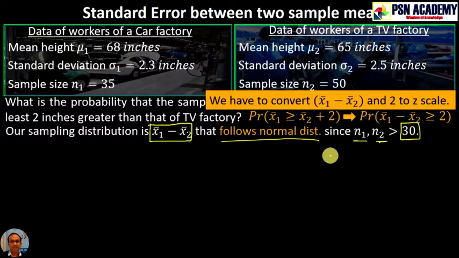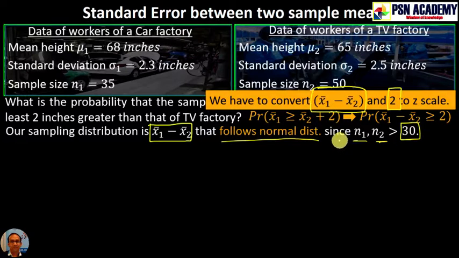Are you getting the point? So in the previous example, we were converting the z-score to the raw score, and here we have to convert the raw score to the z-score. So the left hand side is x1 bar minus x2 bar, and the right hand side is 2. So we have to convert these two to the z-scale. Okay.